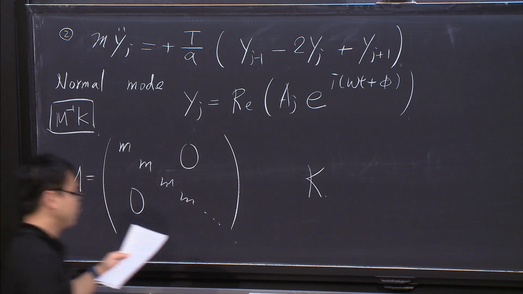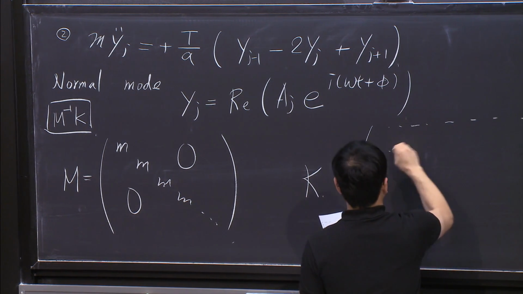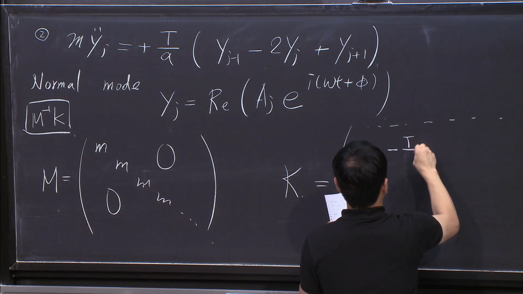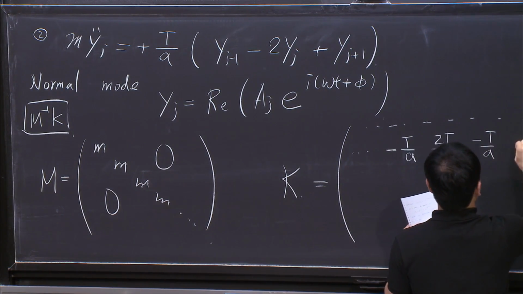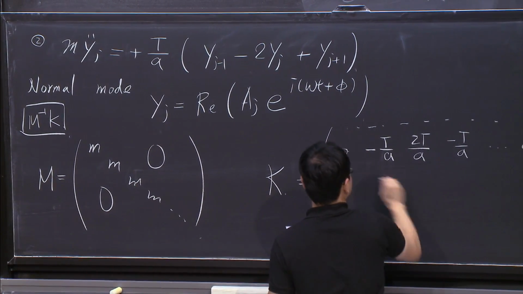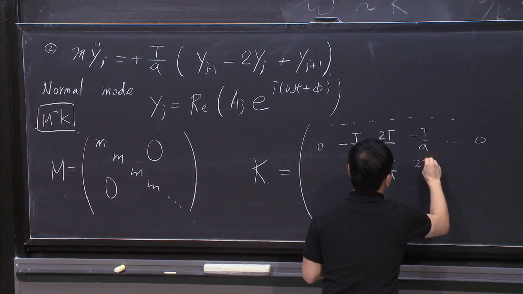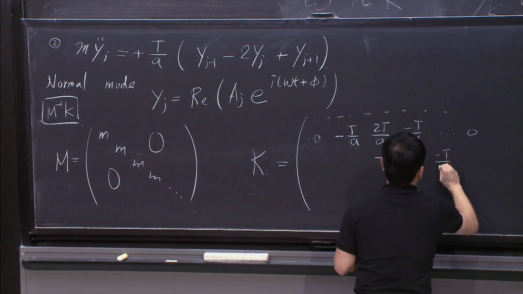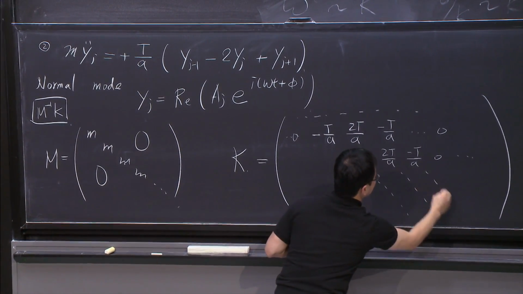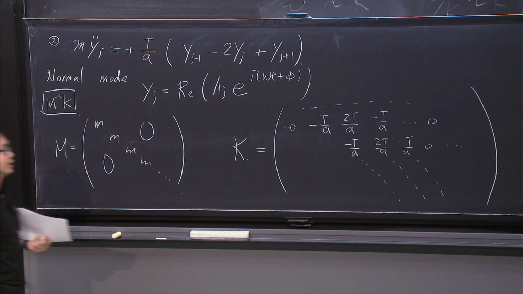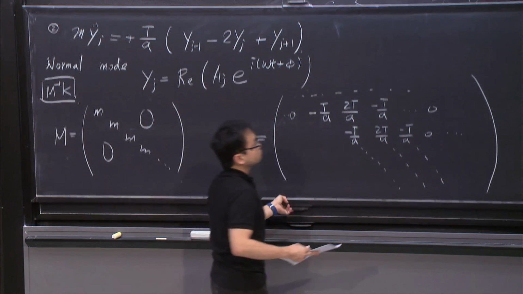The K matrix will be equal to, there are many terms, and in the middle you have minus T over a, 2T over a, minus T over a, and all the rest of the terms are 0. And of course, these patterns go on and on. Minus T over a, 2T over a, minus T over a, and zeros, et cetera. This pattern is going to go on forever, because this is an infinitely long matrix, infinite times infinite.